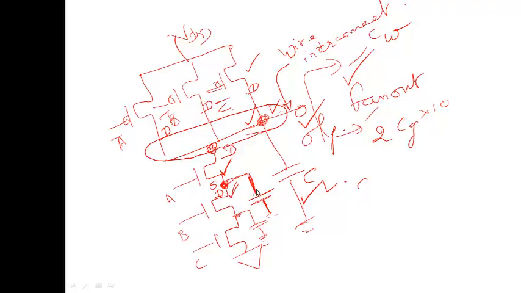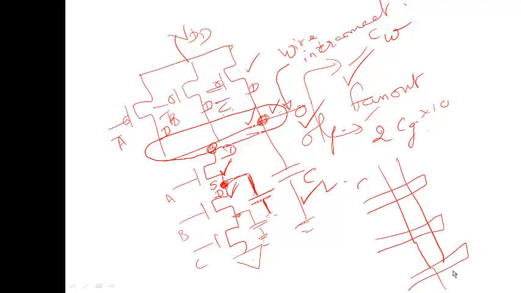Therefore, we have got to remember something. While drawing the layout, this being the diffusion, I can draw the poly like this. Whatever space the technology allows you to leave between the devices, you have got to be very stringent and calculated, and follow good layout practice.